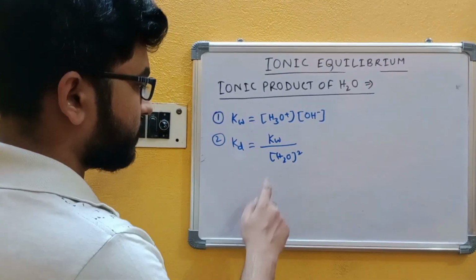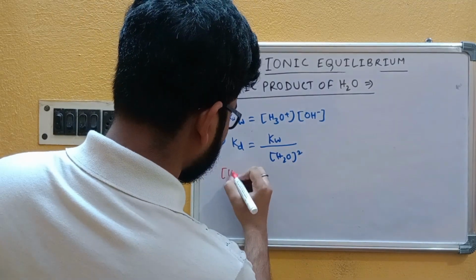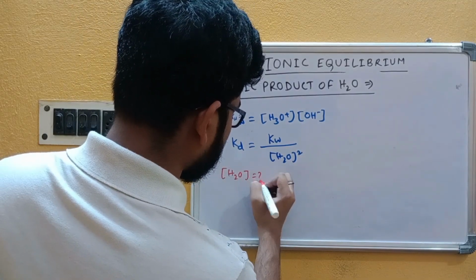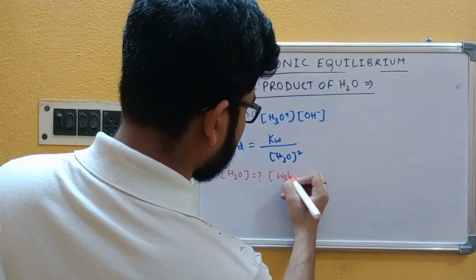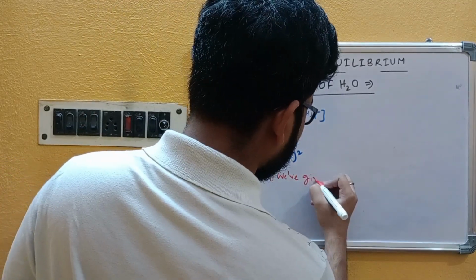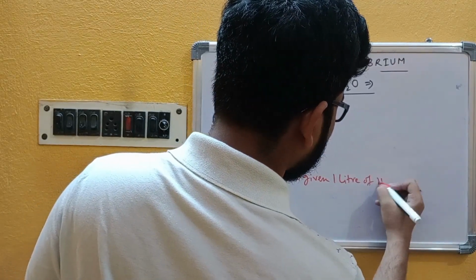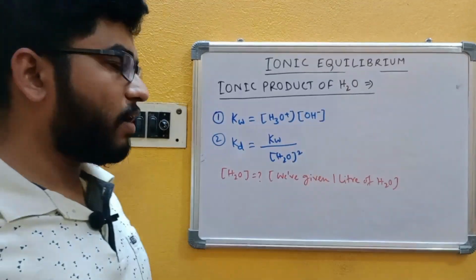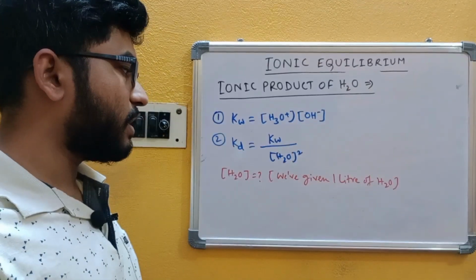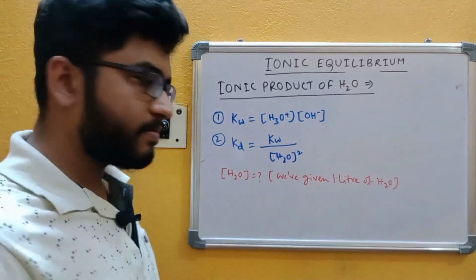Now we have to find the concentration of H2O. If we are given 1 liter of water, and in this 1 liter of water we have to find the concentration of H2O, how can we find that?